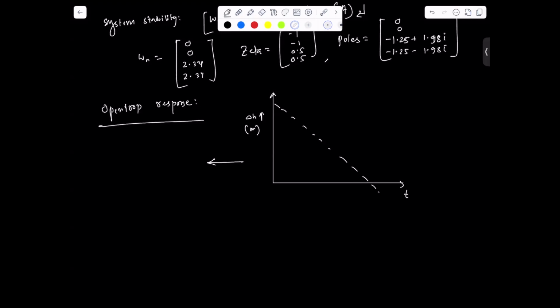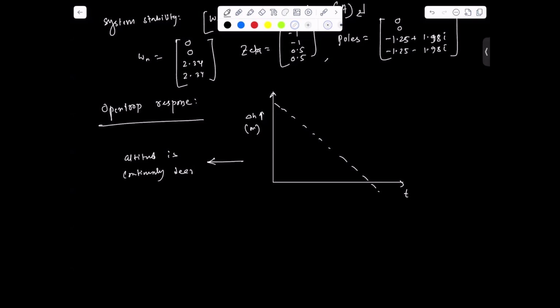As expected, altitude is continuously decreasing because there is no control applied in the system. So automatically it will decrease the altitude over time.